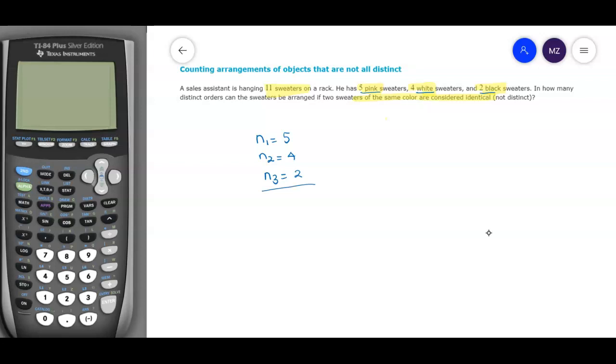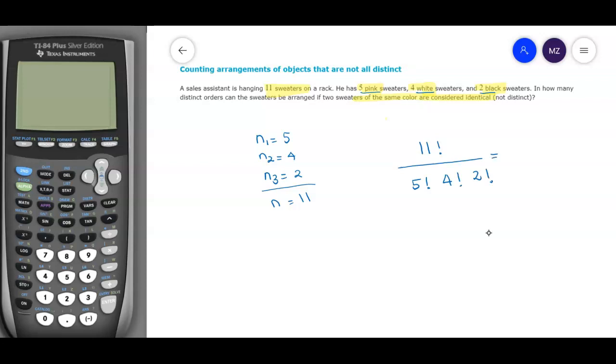And if you add them all up, that's the N, it's going to be 11, all right? And the number of different arrangements that we can do, they're going to be 11 factorial divided by 5 factorial times 4 factorial times 2 factorial, all right?